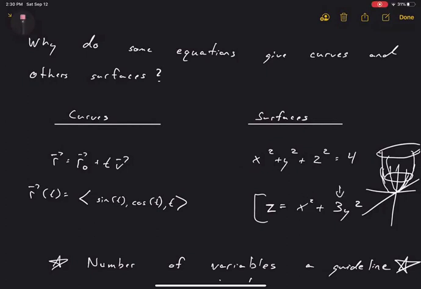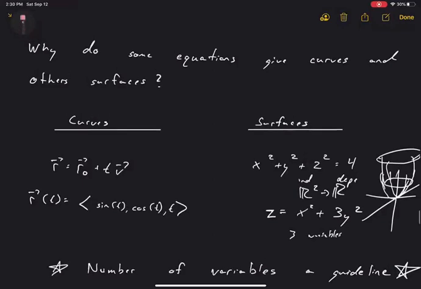I could view this as a function from R2 to R, where my inputs are x and y, and my output is z, right? So it's got 2 independent variables and 1 dependent variable, and altogether we have 3 variables in total.